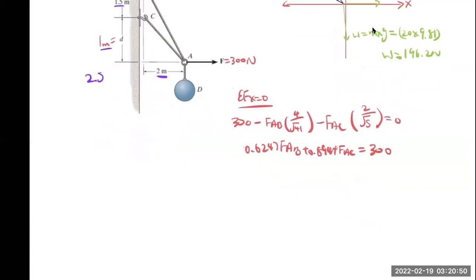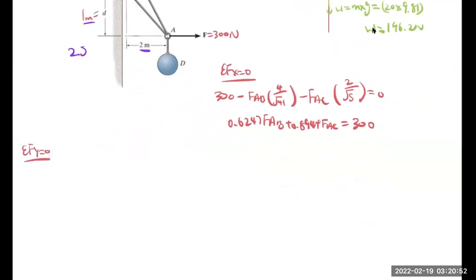So summation of the force along the y direction is 0. I have my FAB 5 over square root of 41 plus FAC 1 over square root of 5 minus the weight 196.2 equal to 0. Simplify it down.